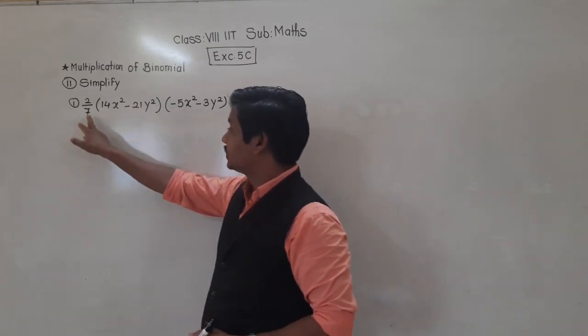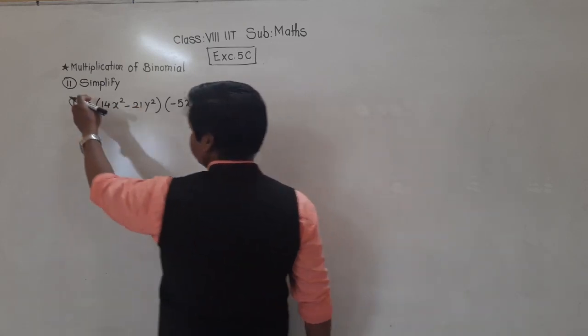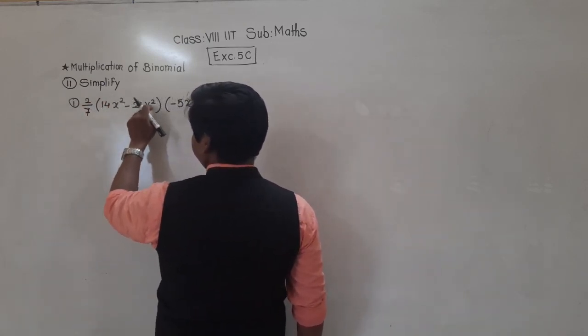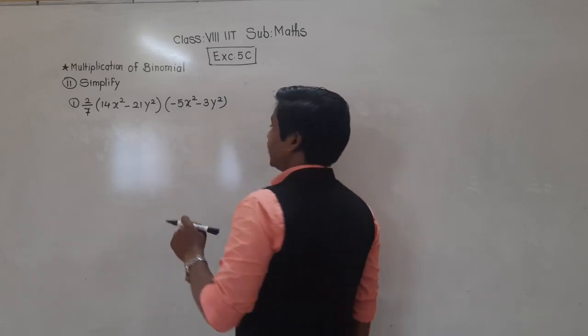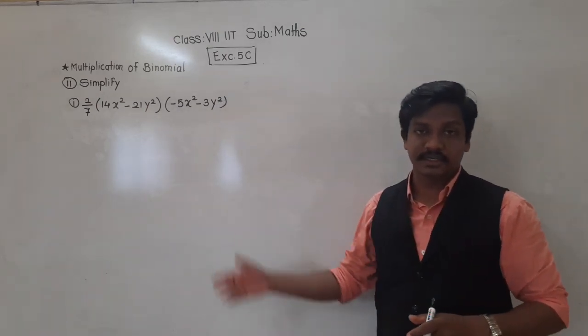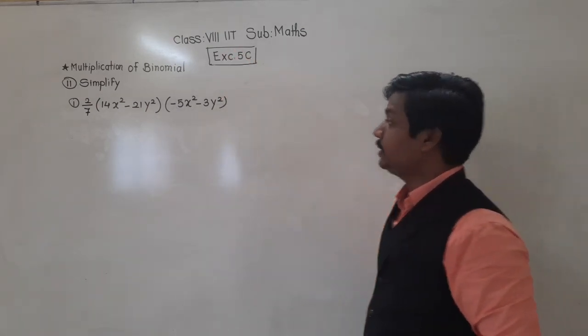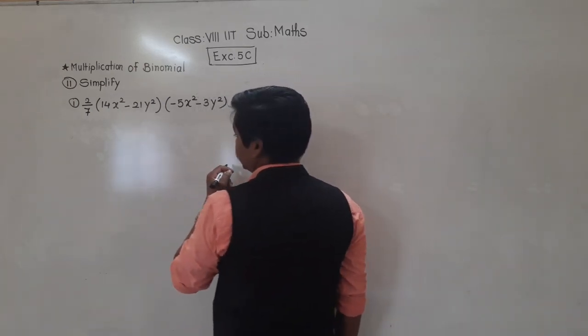Three parts are there. 2 upon 7, then 14x square minus 21y square. This is the second, and again minus 5x square minus 3y square. This is the third binomial. Okay. So now see first what to do.